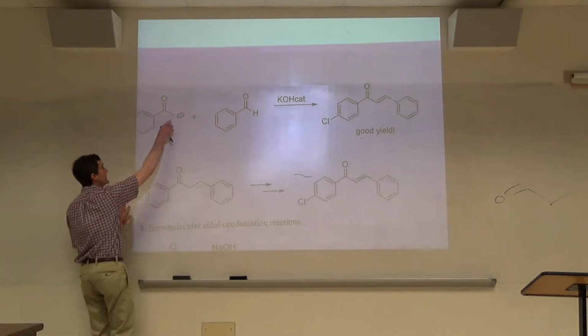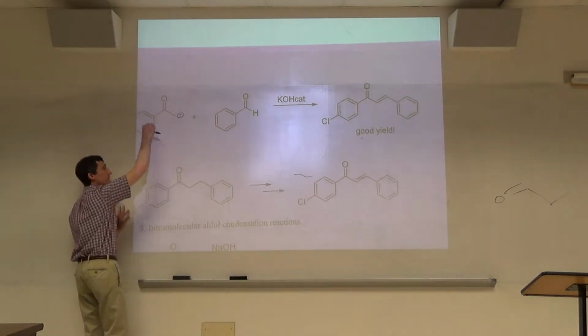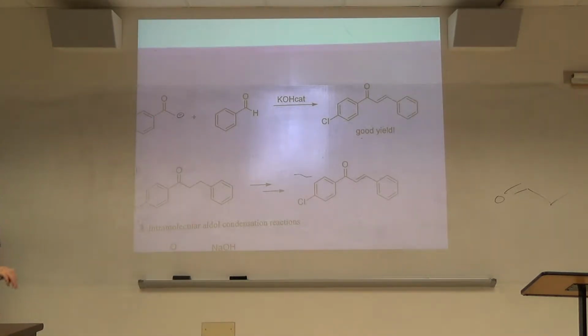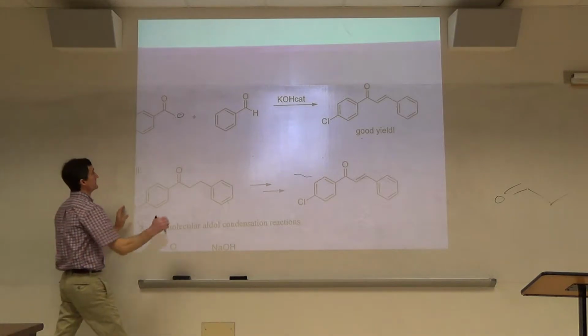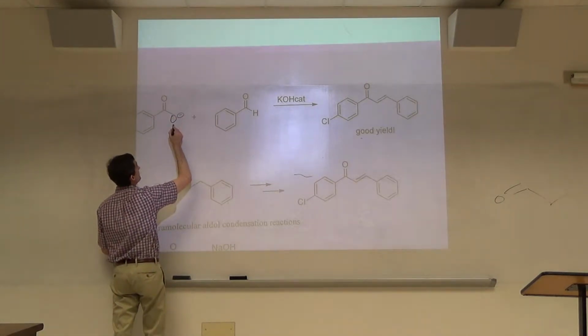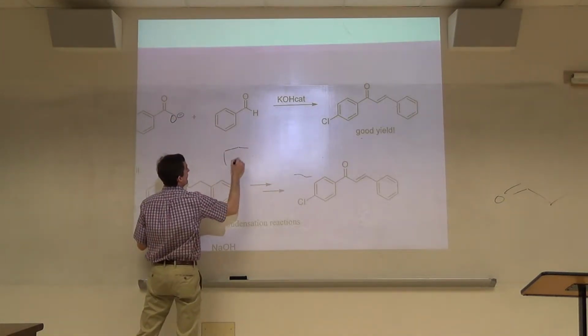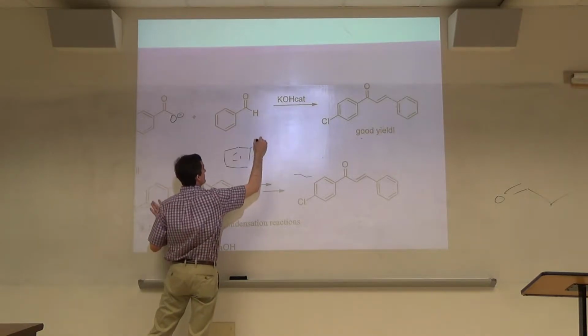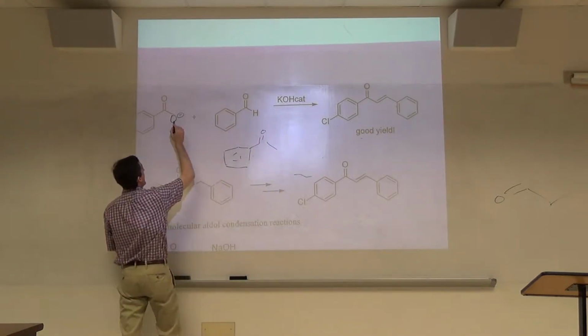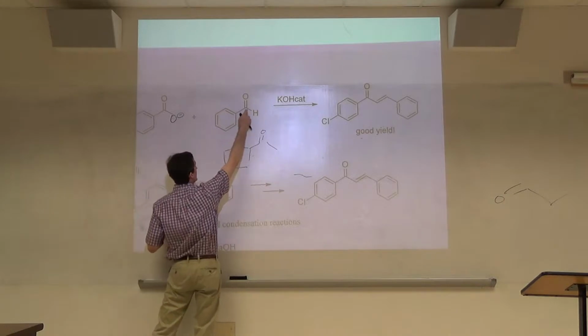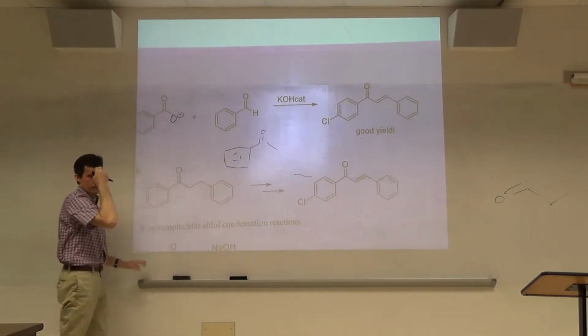Now this could react with itself and give the first reaction we showed. What else could it react with? We could draw itself here. Will it prefer to react with the aldehyde or with the ketone itself?